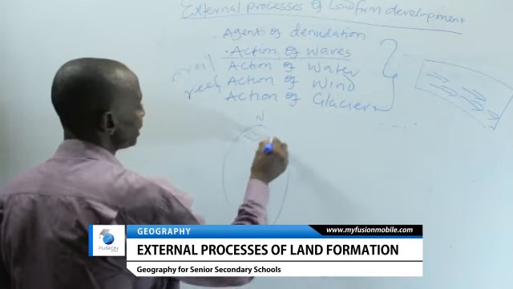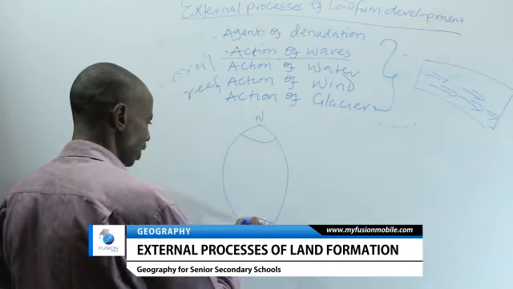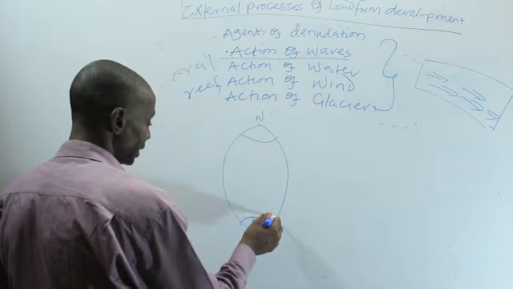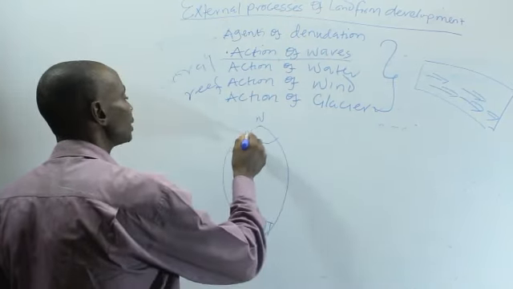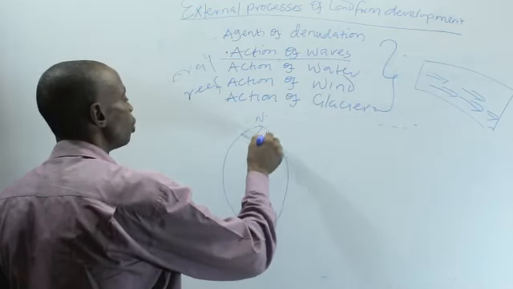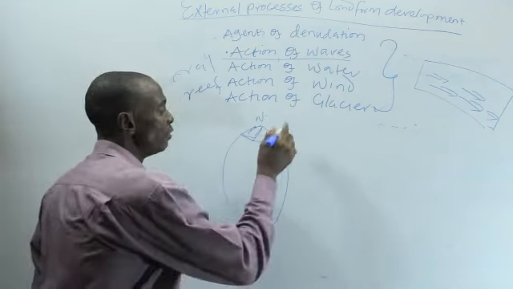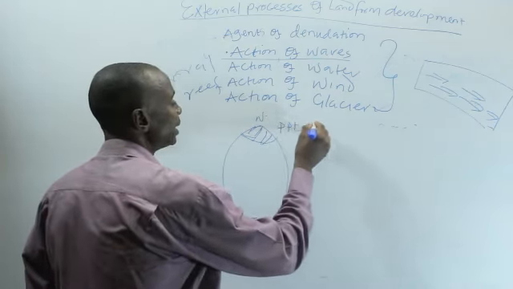From the Antarctic circle to the south, and the Arctic circle to the north, is what we call the polar environment.